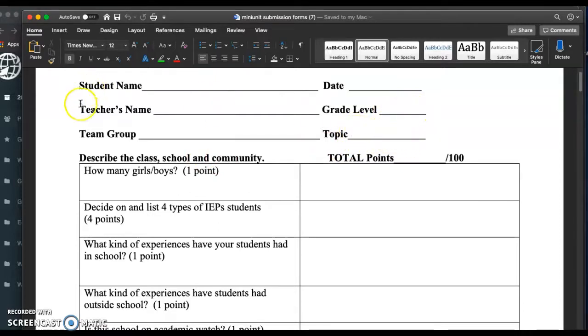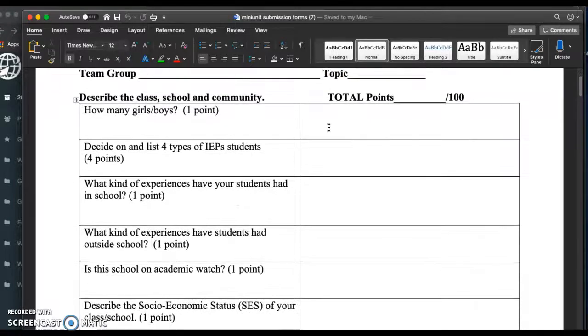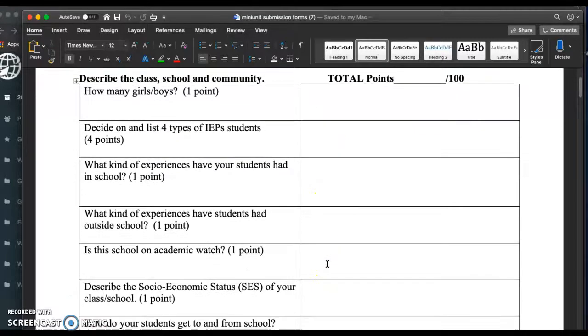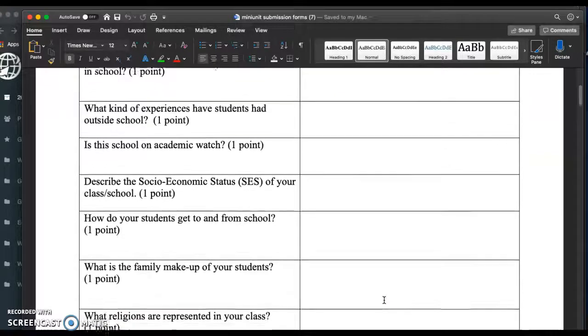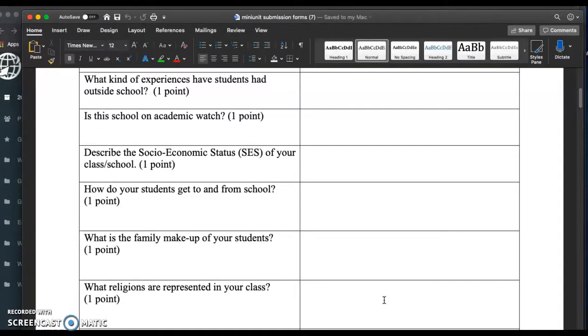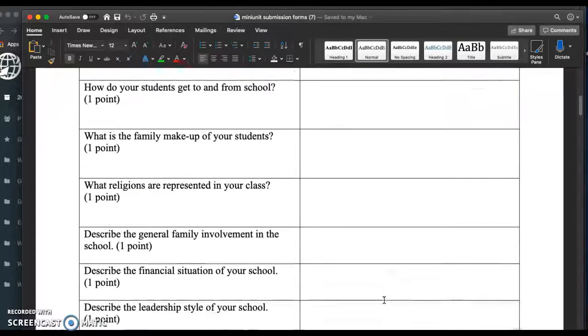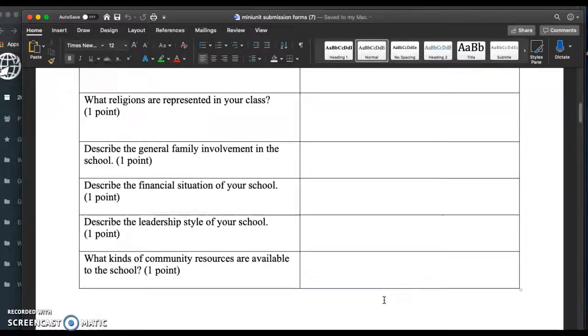I'm not so concerned about the team group or the student's name. I need your name, the date, grade level, and topic. This is worth 100 points. All of these boxes need to be complete. It's where you're giving me background information that I need to understand your lesson.